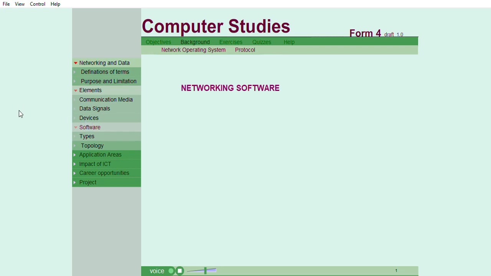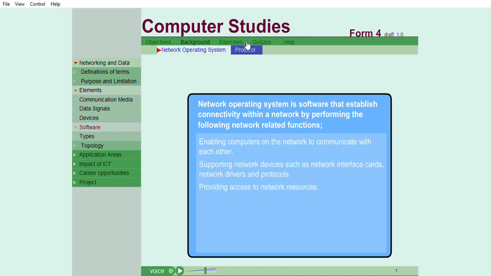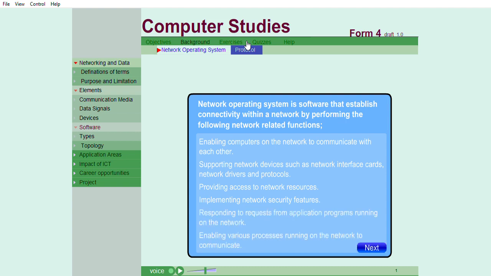Networking software. Network operating system is software that establishes connectivity within a network by performing the following network-related functions: enabling computers on the network to communicate with each other, supporting network devices such as network interface cards, network drivers and protocols, providing access to network resources, implementing network security features, responding to requests from application programs running on the network, and enabling various processes running on the network to communicate.